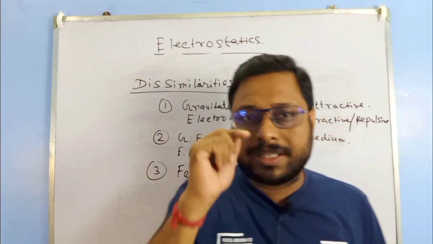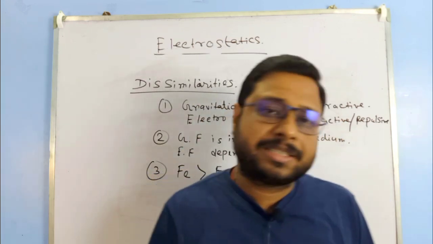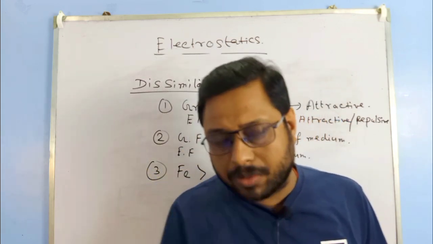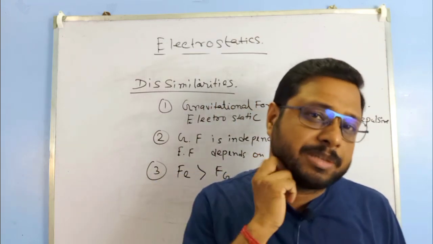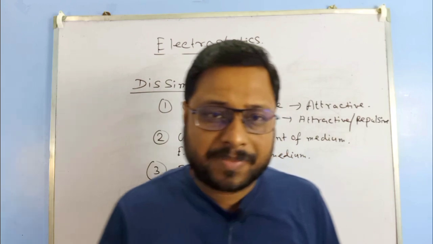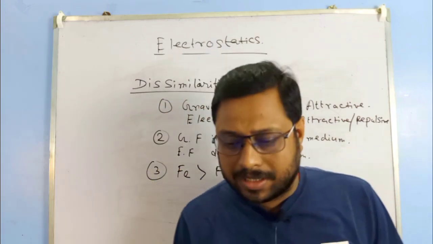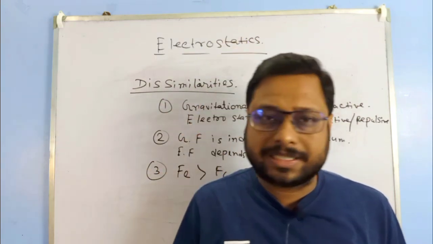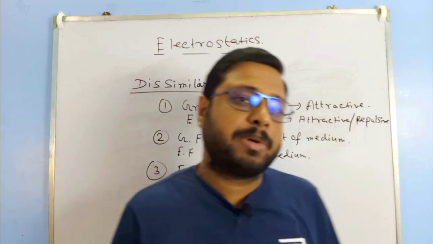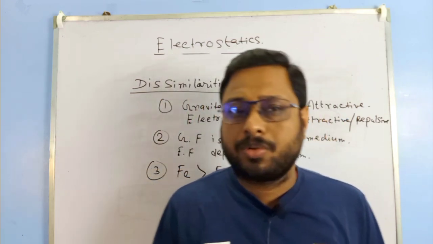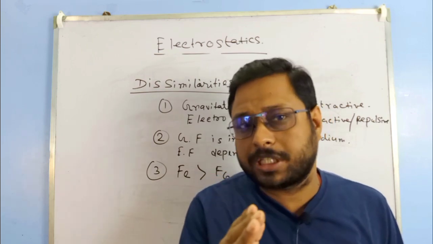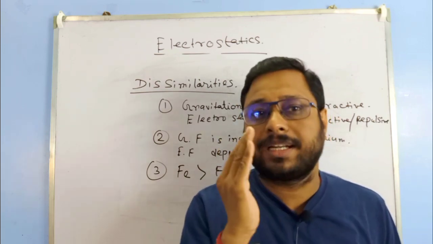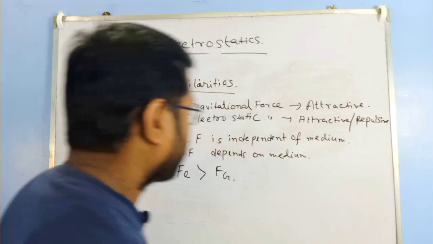In that case, the gravitational force pulls the paper downward, but the electrostatic force is able to lift it in the upward direction. So it proves that the strength of electrostatic force is greater than gravitational force.